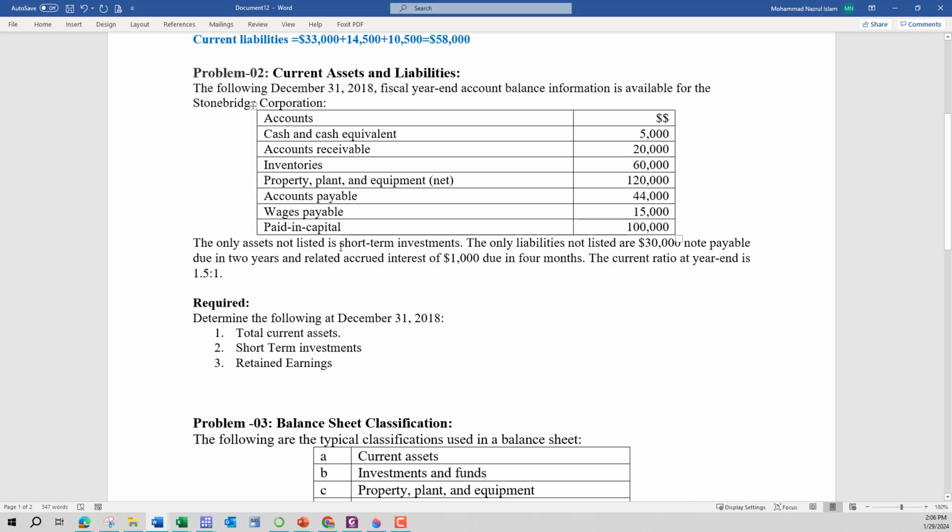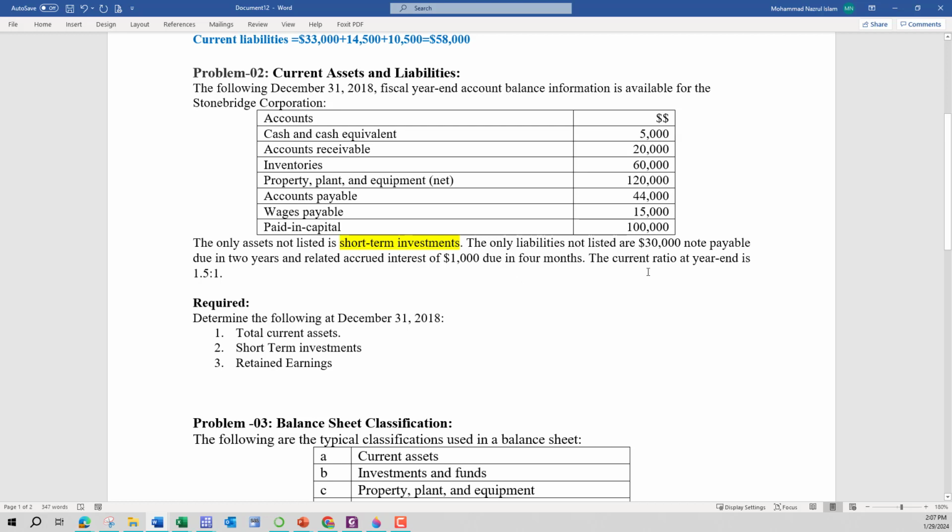The only asset not listed is the short-term investments. And the only liabilities not listed are a 30,000 note payable due in 2 years and related accrued interest of 1,000 due in 4 months.